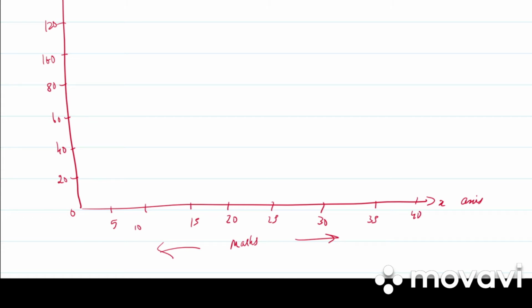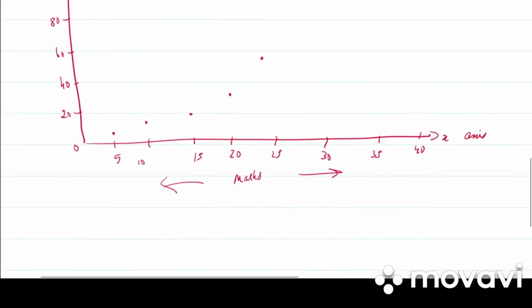So for less than 5 we have 4. For 10 it is 10. 15 it is 20. 20 it is 30. 25 it is 55. 30 it will be 77.